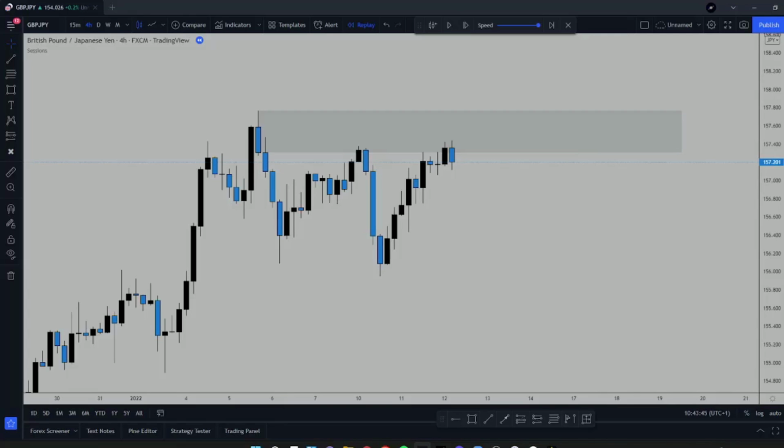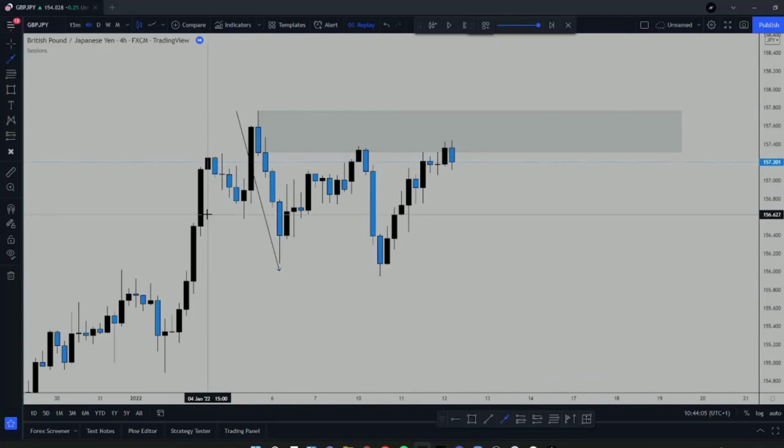In today's video, we are going to be showing you and teaching you how to get sniper entries trading supply and demand zones. Okay, so we have a very nice supply zone right here. You can see that this is a break of structure.